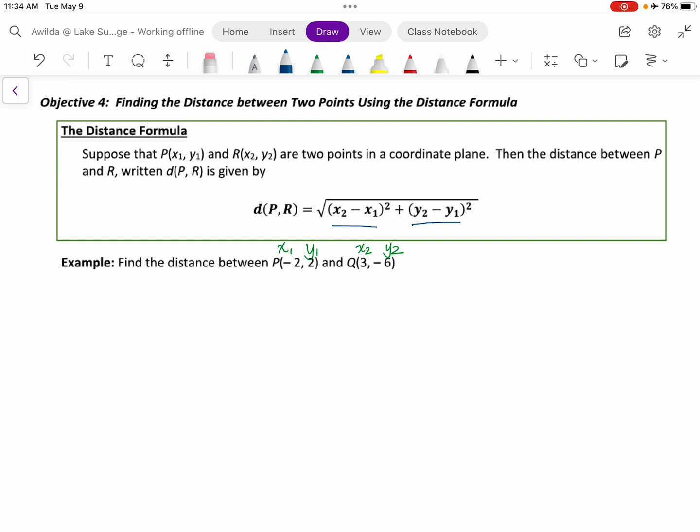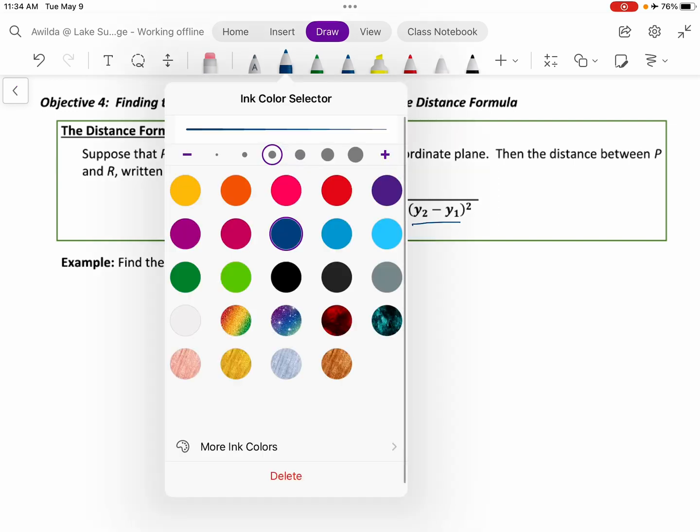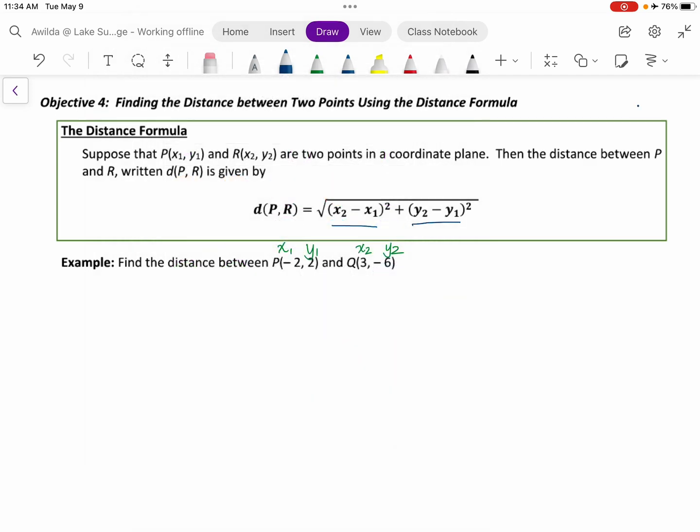What I like to do when I'm computing distance is I like to go ahead and set up the template of the calculation first. So I draw my radical symbol. I prepare the 2 sets of parentheses with an addition sign in between. And then I know that I'm going to be squaring differences.